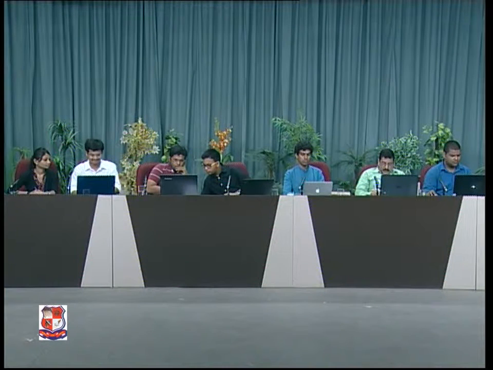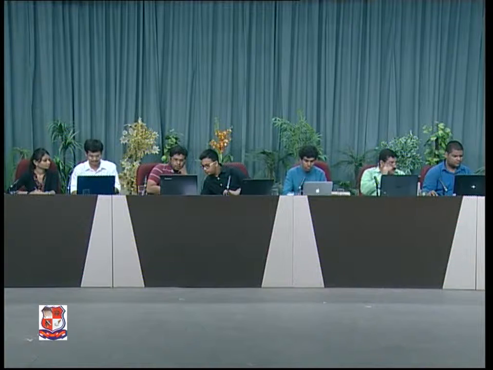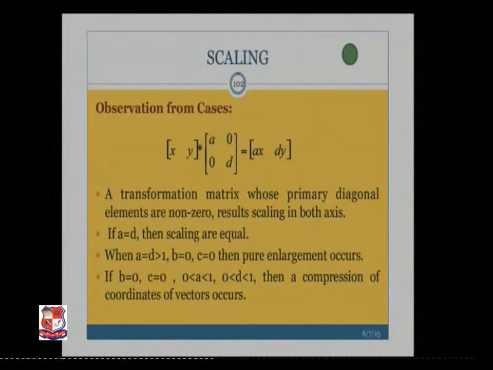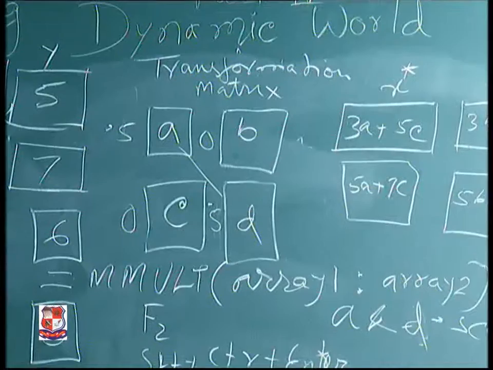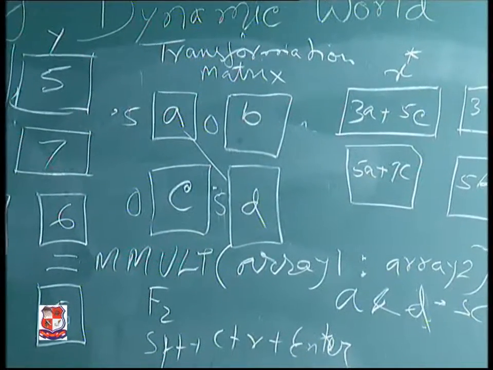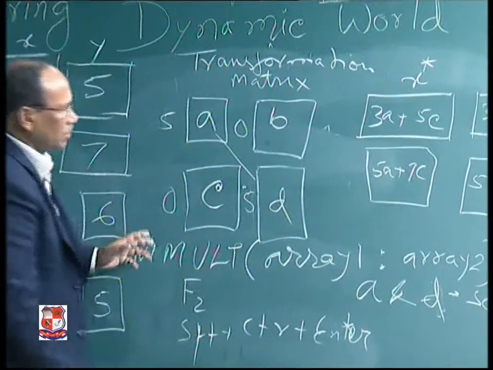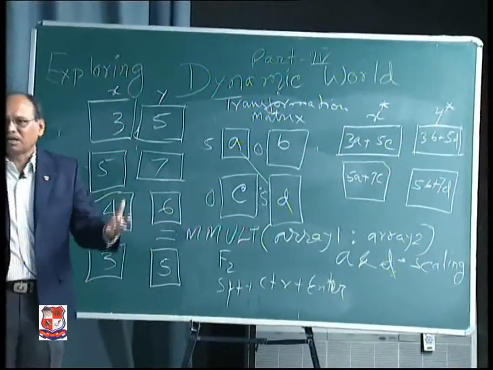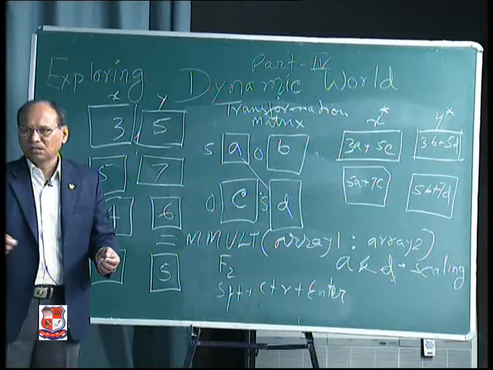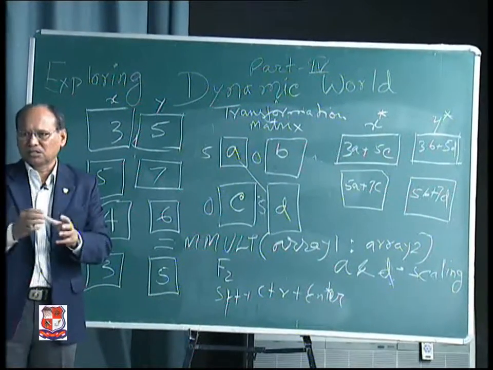This is a small piece of information with which you can do anything. So, compression is this, and when A is equal to D, it is called uniform scaling. If you put 0.5 here and 5 here, then the x axis will increase 5 times and the y axis will decrease by 0.5 times. So, it will be a distorted figure again.